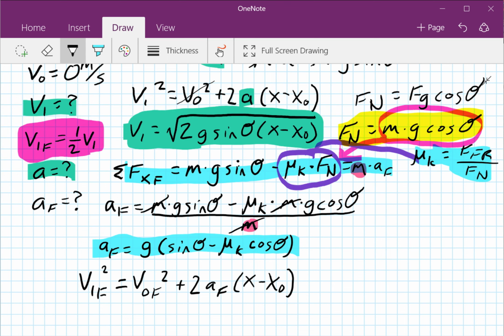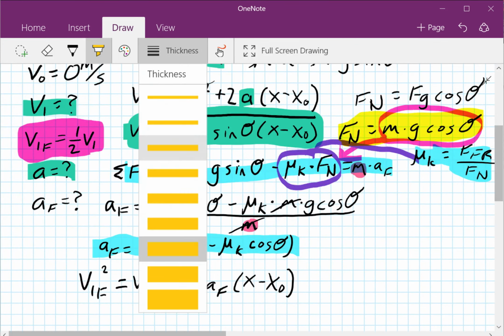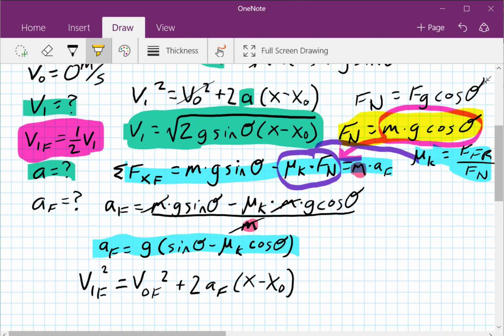And we're actually going to take the equation we just solved for. So all of this goes right here.